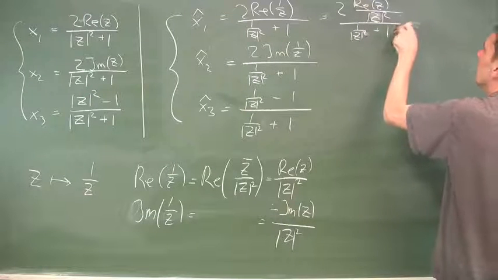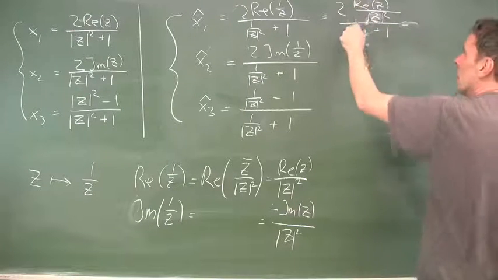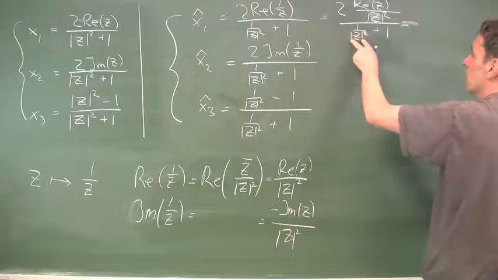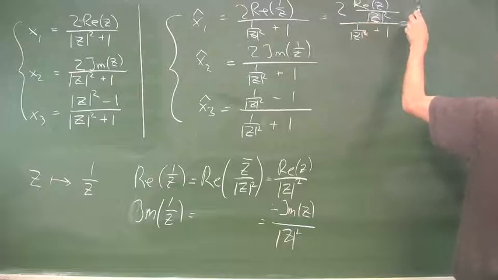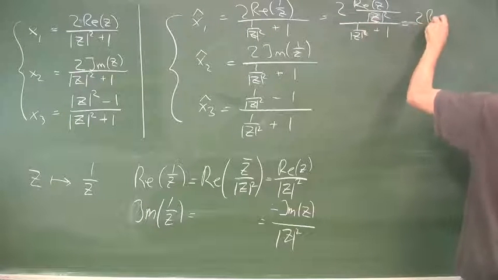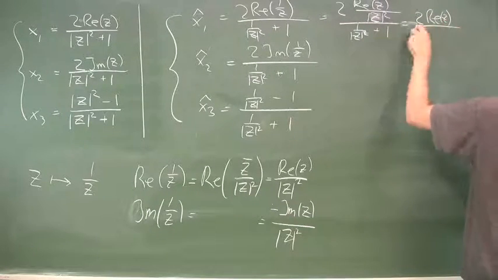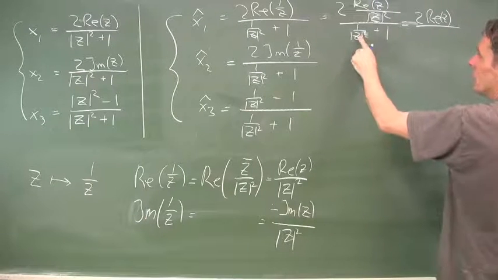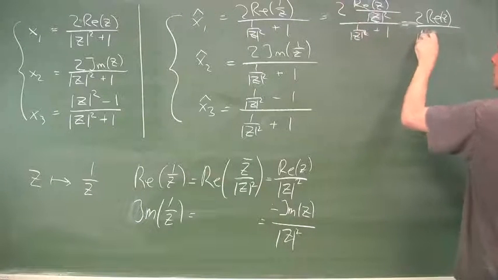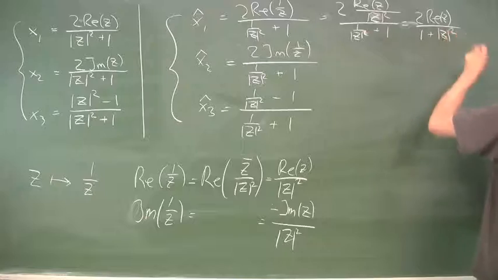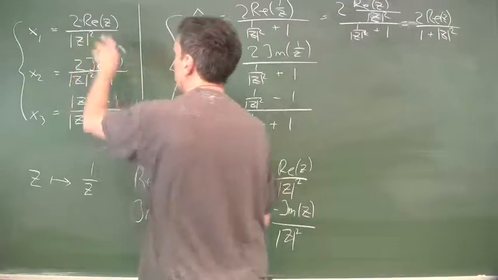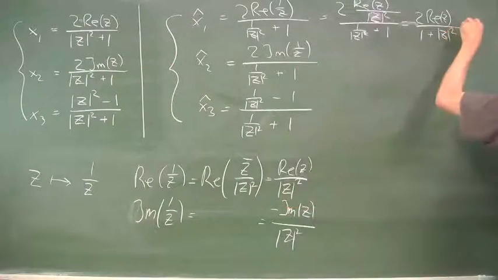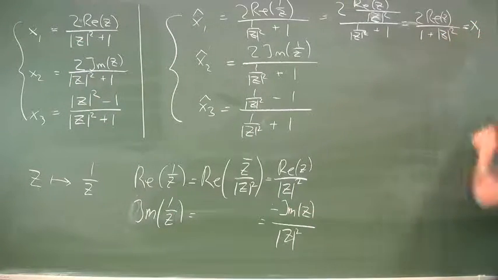And then we can multiply here now by z absolute value squared. And what do we get? Well, we get 2 times the real part of z, and then divided by 1 plus z absolute value squared. And when we compare with what we have over here, we see that it's actually the same expression. So this is equal to x1 then.